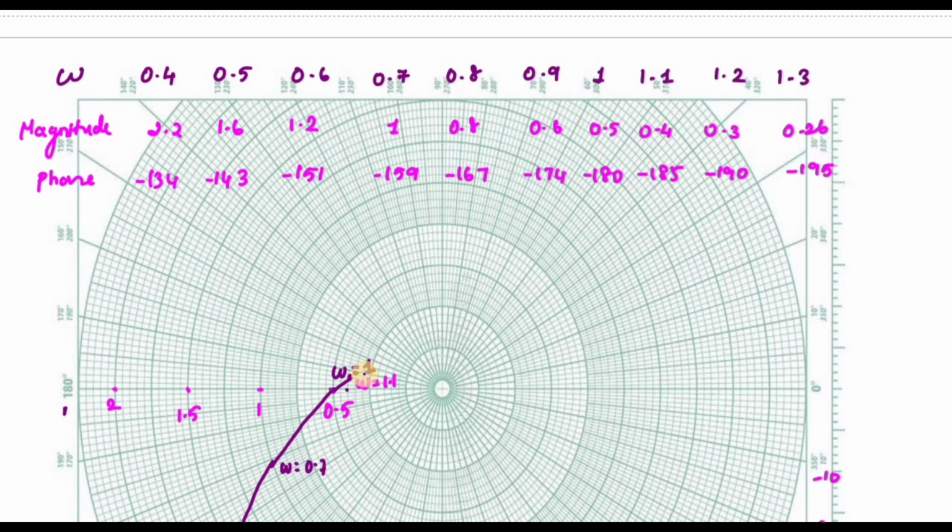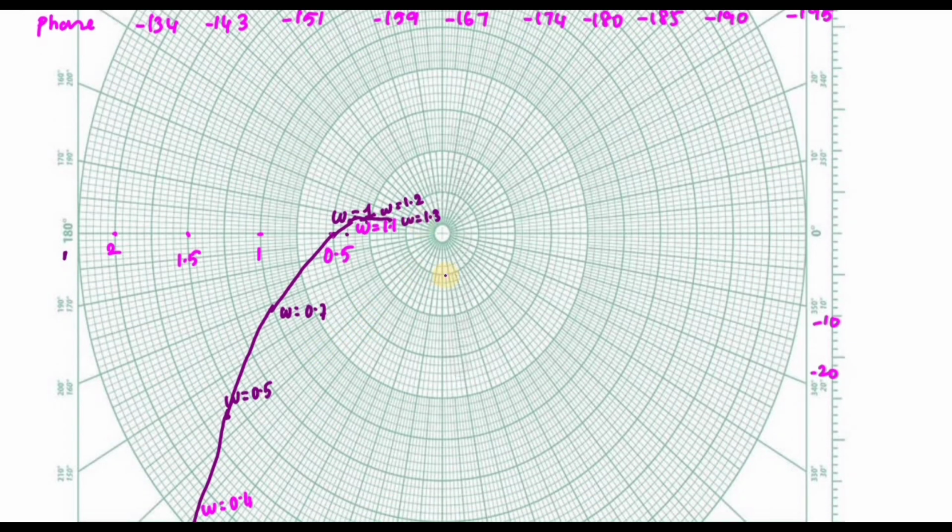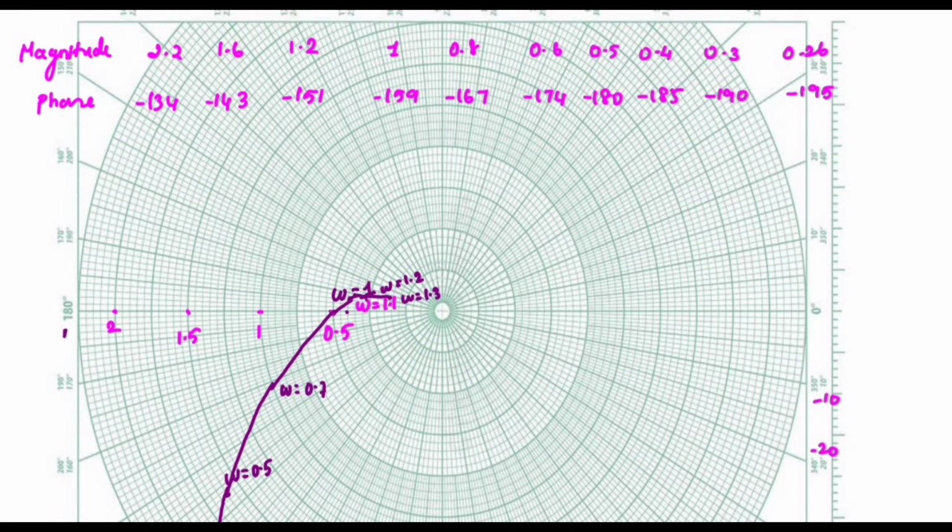So this is nothing but when omega is 1.2, and 1.2 extra 0.26 will be here, right? So you can draw like this. So this is omega is equal to 1.3. So it will go to the origin. After that, this is fair enough to calculate the value of gain margin and the phase margin.